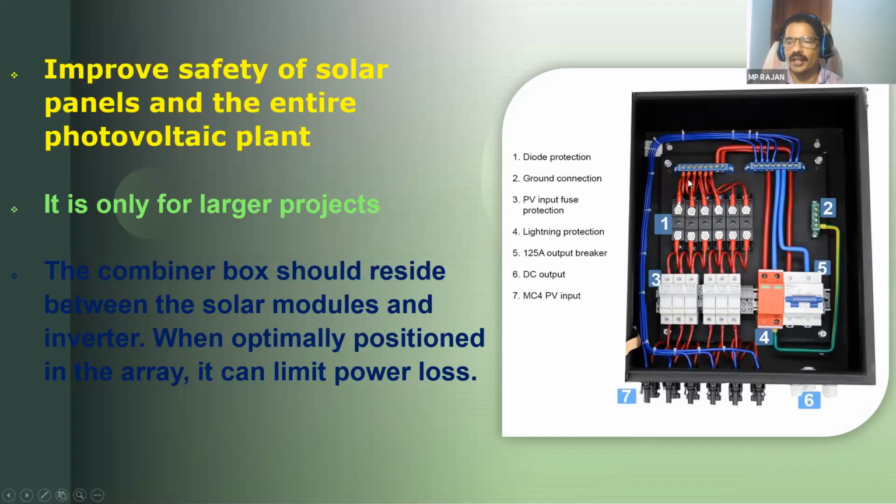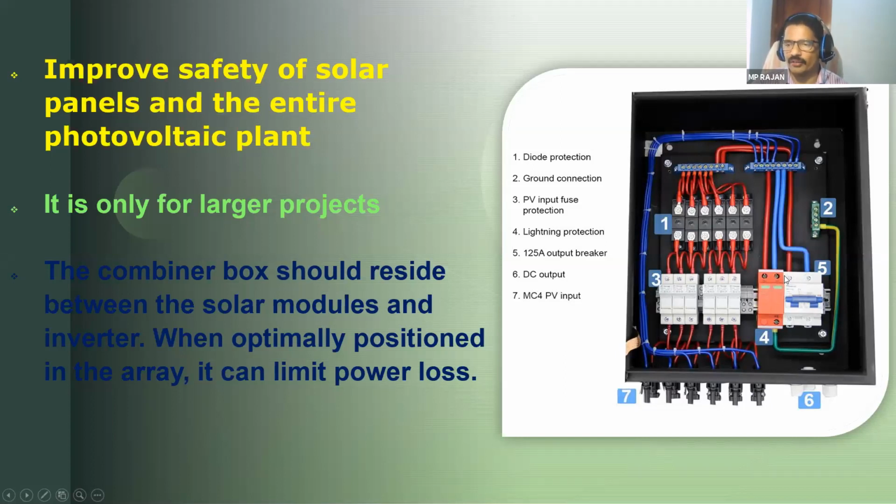Here all the DC inputs are joined together. One positive and one negative are coming from here. The blue lines are called negative. It is coming here, and all the individual positives are joined together. One single output is coming. The positive and negative are going to the lightning protection.